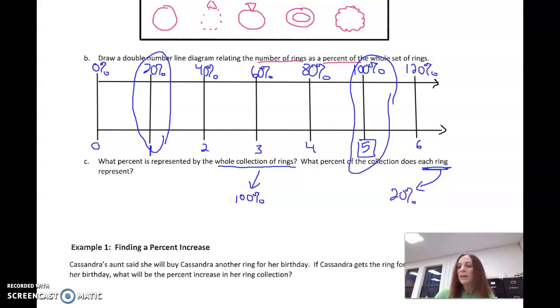This is where we get a little confused sometimes, that we're going over 100%. That doesn't seem right, but it can be, okay? Because if 5 is 100%, and someone gives you another ring, well, you have 120% of what you had before. And that's what we're going to be working on.